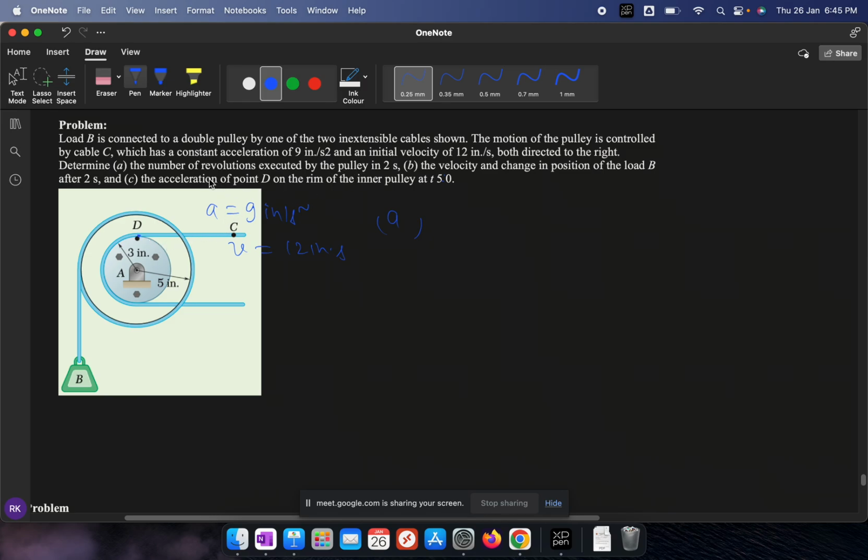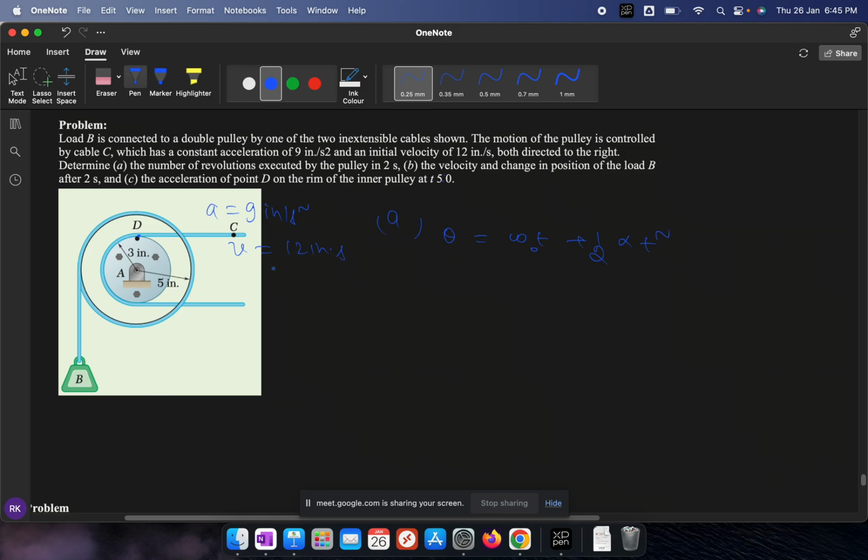Now it is asking what the number of revolutions is. So what will you do for that? Simply, you will apply theta, where we already know that theta is omega naught t plus half alpha t square, right?